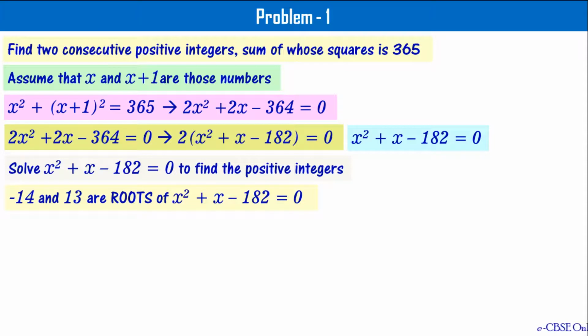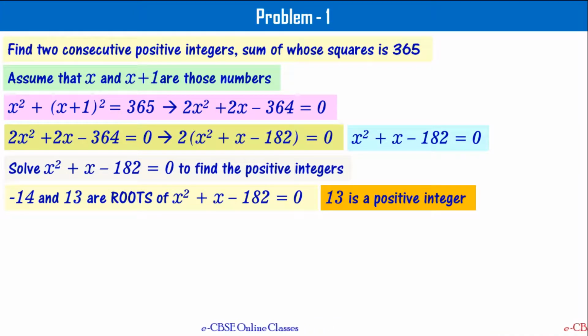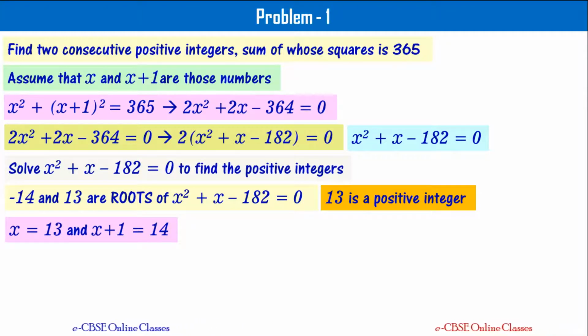If you observe, one of the roots is a negative number, whereas the problem statement talks about consecutive positive integers. Means we have to only look at 13 as the option, since 13 is a positive integer. So let me assume that x equal to 13, then x plus 1 is going to be 14, right? Let's now verify whether sum of these two numbers' squares is going to be 365 or not.